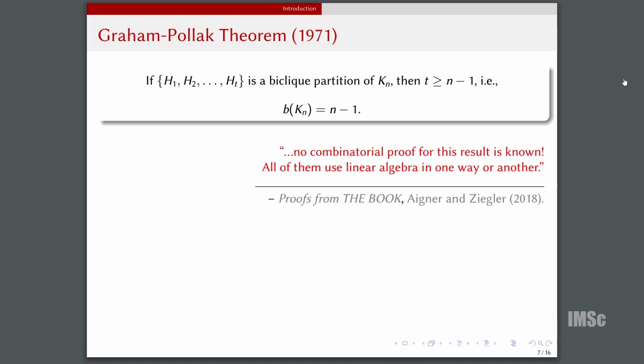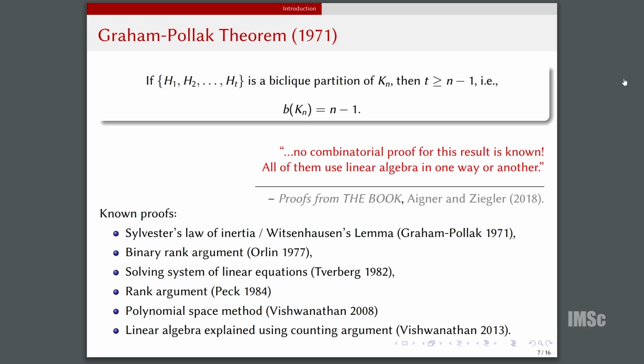An interesting thing about this theorem is that all proofs somehow use linear algebra, and there are also various formulations of this. I told you one about this communication problem. The original was labeling a graph so that something is optimized. I'm going to give you two proofs and come up with two other ways to look at this problem. There are of course many other proofs, but somehow all of them use linear algebra.